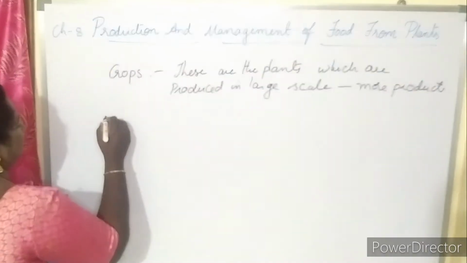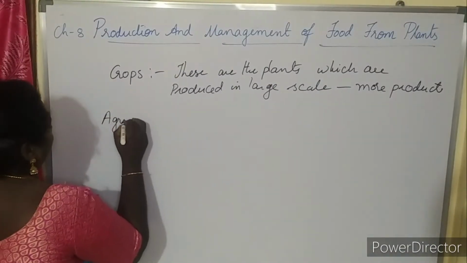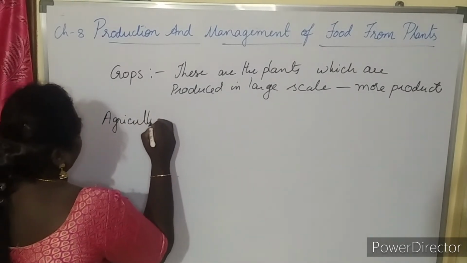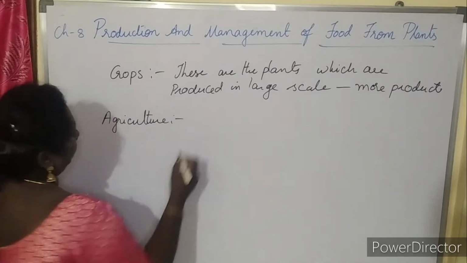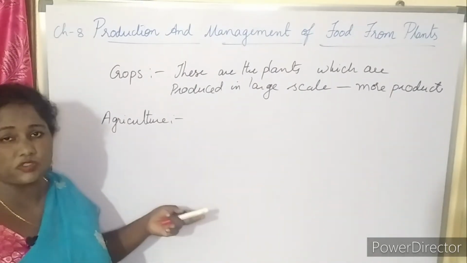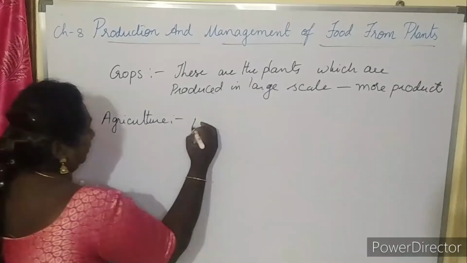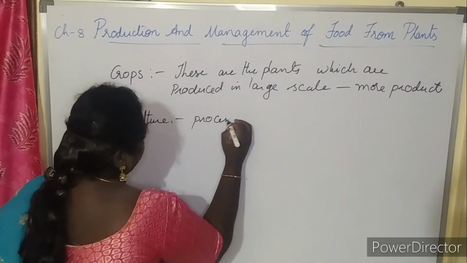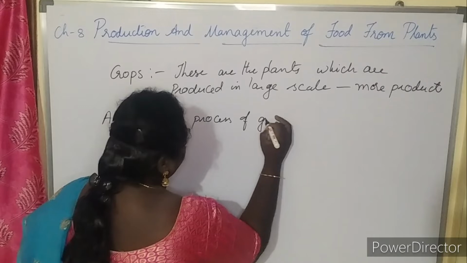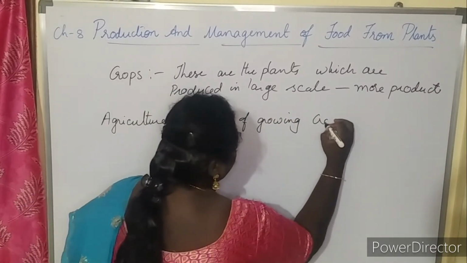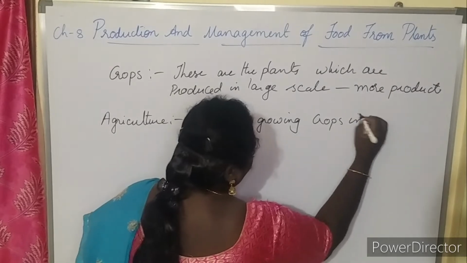So what is agriculture? The definition of agriculture is the process of growing crops on a large scale.